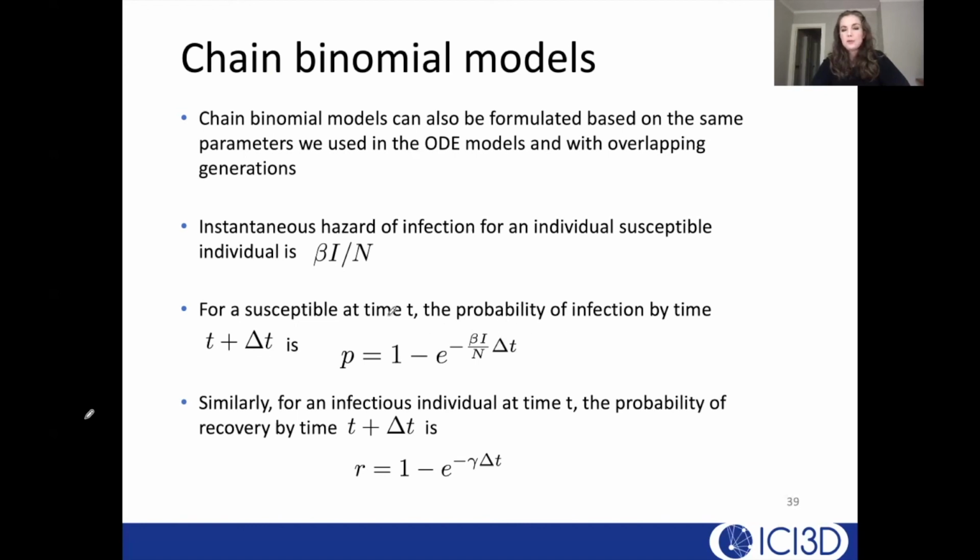And this comes from waiting time distributions, which we'll talk a little bit more about in part 2. But the probability of infection essentially is 1 minus the probability of remaining susceptible after a time delta t. And then similarly, for an infectious individual at time t, the probability of recovery by time t plus delta t is 1 minus e to the negative gamma times delta t.